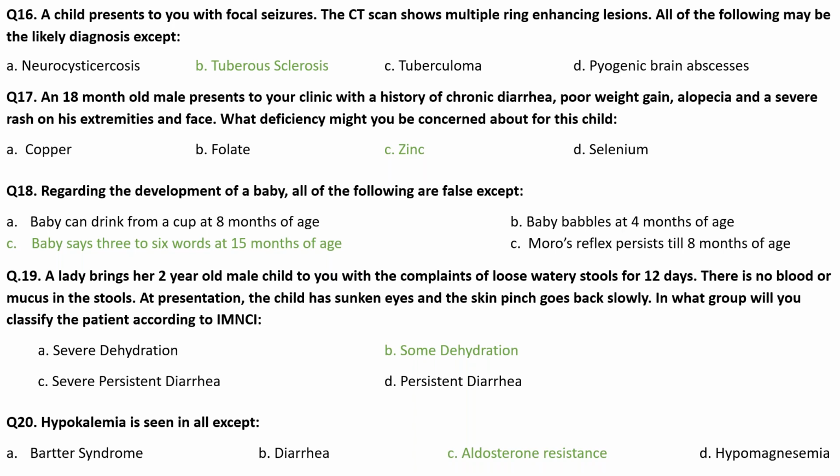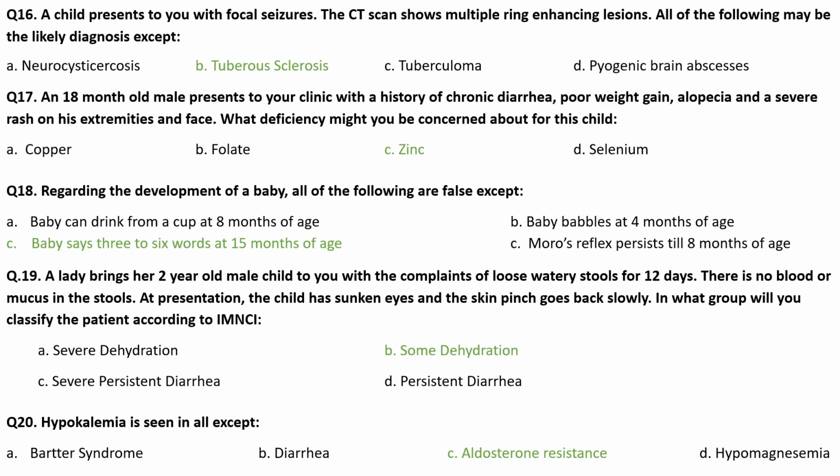A lady brings her 2-year-old male child to you with complaints of loose stools for 12 days, no blood, no mucus. At presentation, child has sunken eyes and skin pinch goes back slowly. In what group will you classify the patient according to IMNCI? Since eyes are sunken and the skin pinch is going back slowly, only these two signs are present. So this becomes some dehydration.